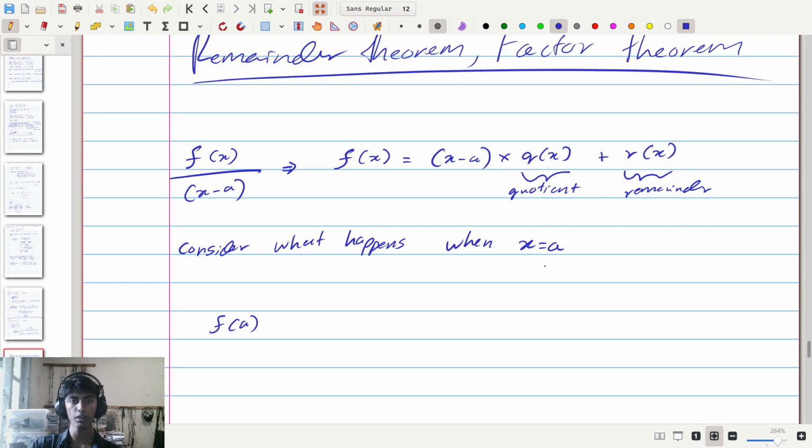So we have f(a) is equal to, in brackets here, times q(a) plus r(a). So what's in the brackets? Well, replacing x by a, we have a minus a. But a minus a is equal to 0. So this whole thing is equal to 0, which then means that f(a) is equal to 0 plus r(a). So f(a) is equal to r(a).